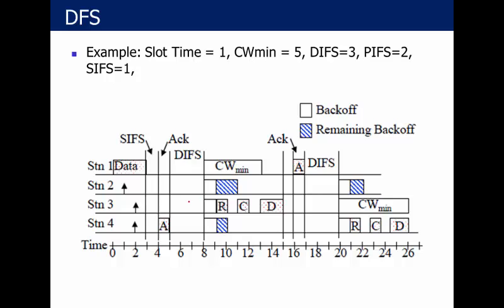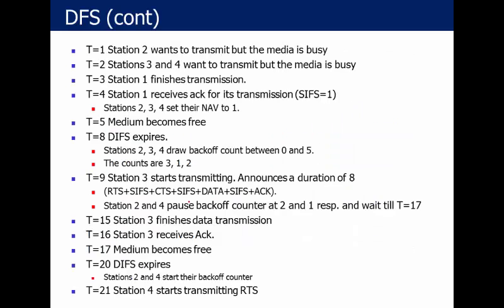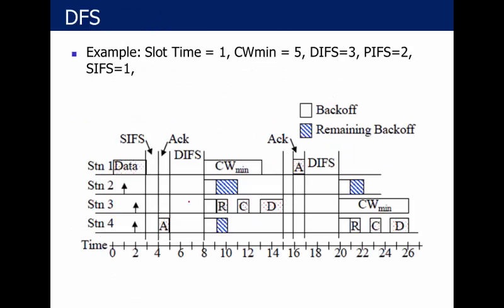Here is an example. The scenario I wrote in the next slide, but here is what I can explain to you. Time runs, so this is the time interval: time 0, time 1, 2, 3, 4, 5, 6, 7. Time runs, whatever time that is, and the slot time is 1, so one slot here is 1 and 2.